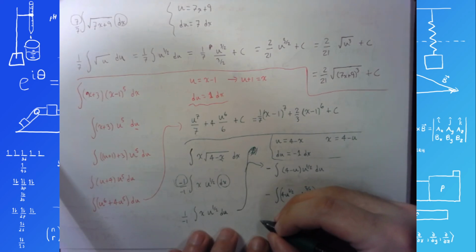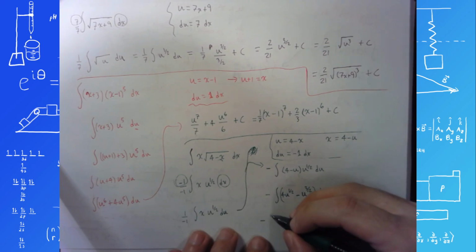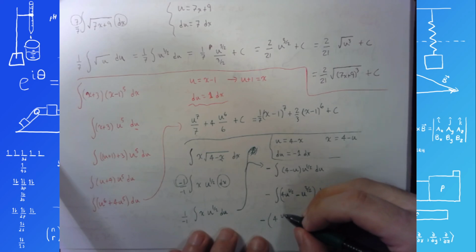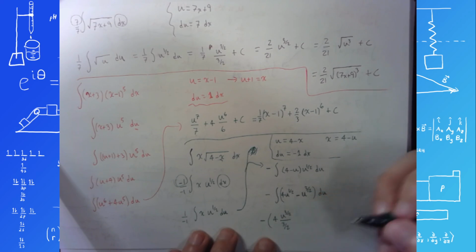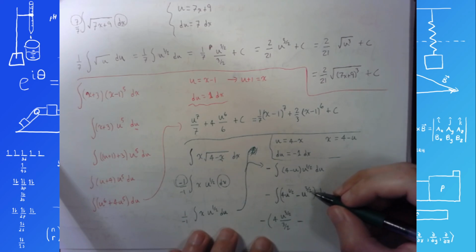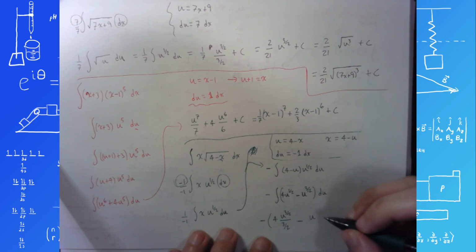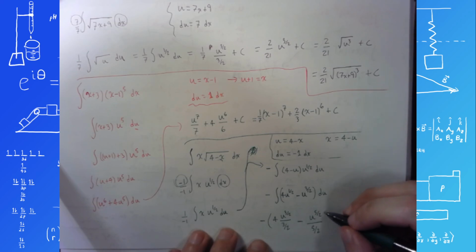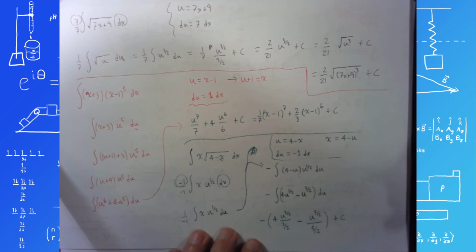So we're going to have negative 4 u to the 1/2 becomes u to the 3/2 over 3/2, minus u to the 3/2 becomes u to the, let's see, 3/2 plus 1 is 3/2 plus 2/2 is 5/2 over 5/2, and then plus a c.